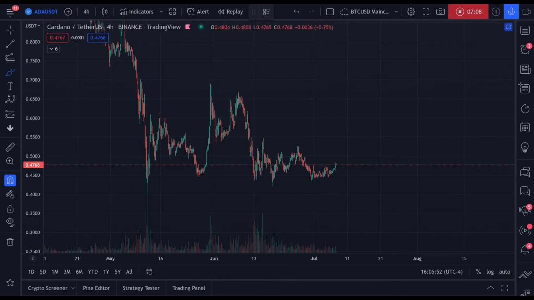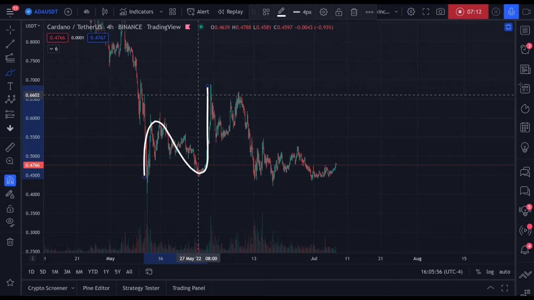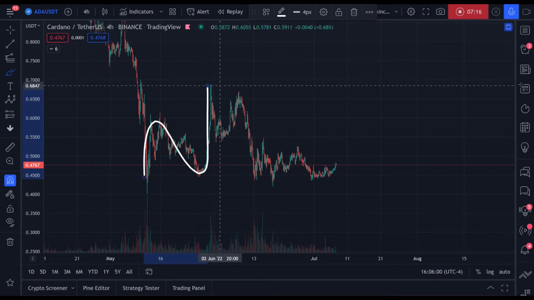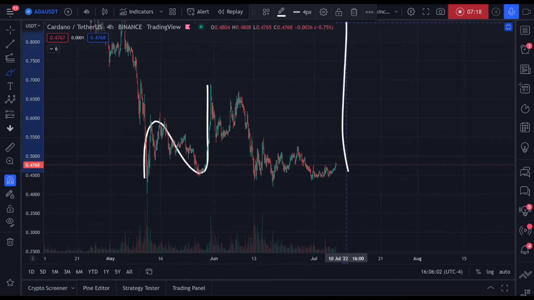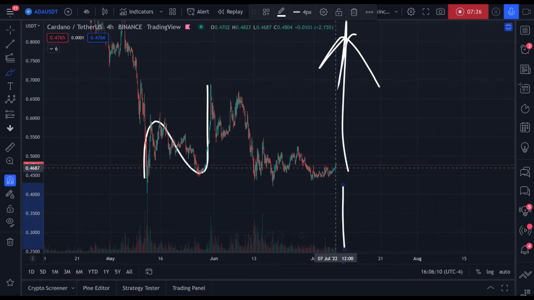This is why I'm saying Bitcoin's just going to put something like this in, an initial break of structure, an A wave. Although Bitcoin's doing something like this, most other alts are just going to leave. And if that is correct, we're going to see a massive volume candle here to confirm that large time reversal breakout.